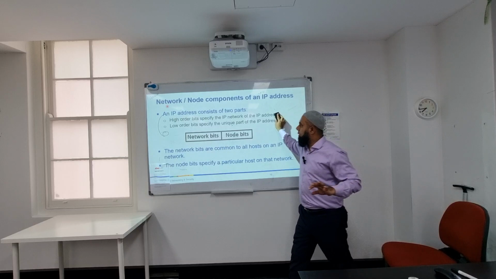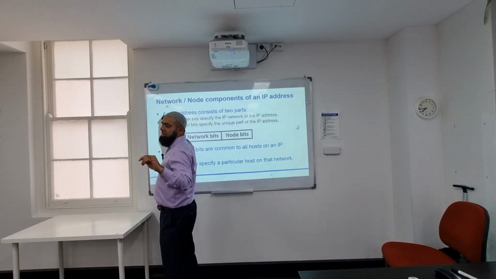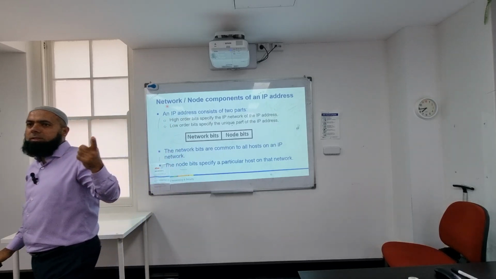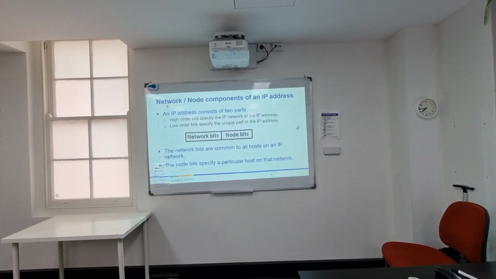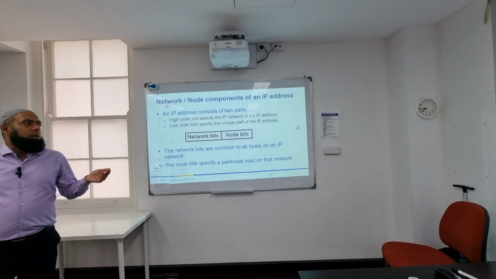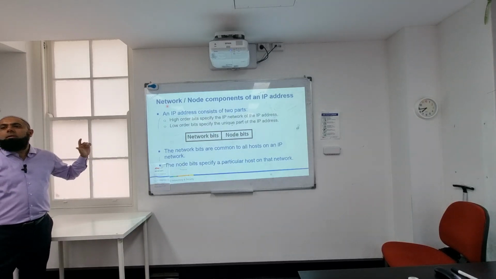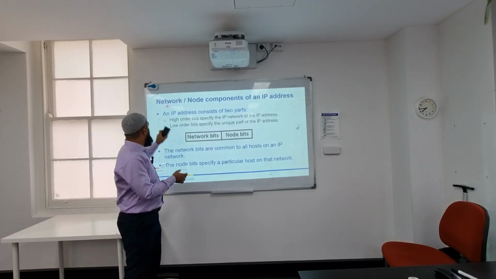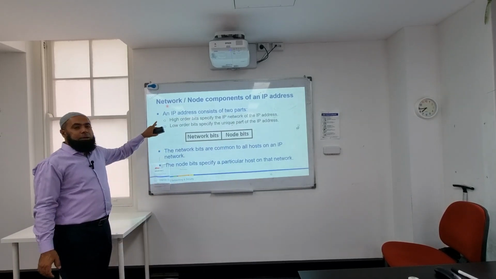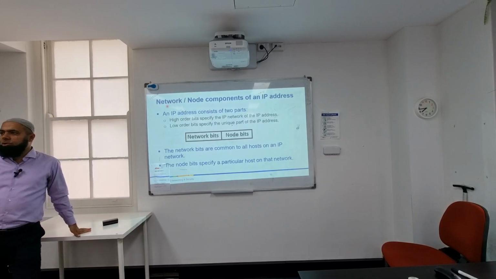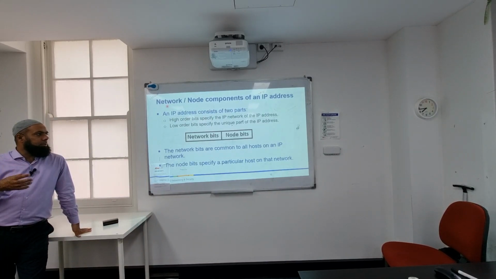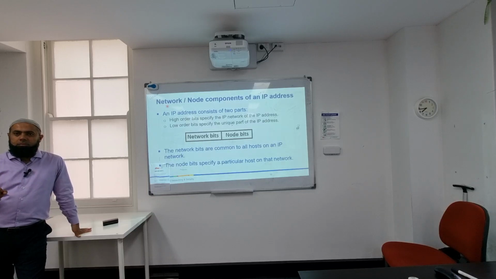Remember what we learned from the last slide: three main things, IP address, local router address, and then subnet mask. In order to learn those three things, now we are going inside the IP address: how an IP address looks and what the difference is between network bits and node bits.